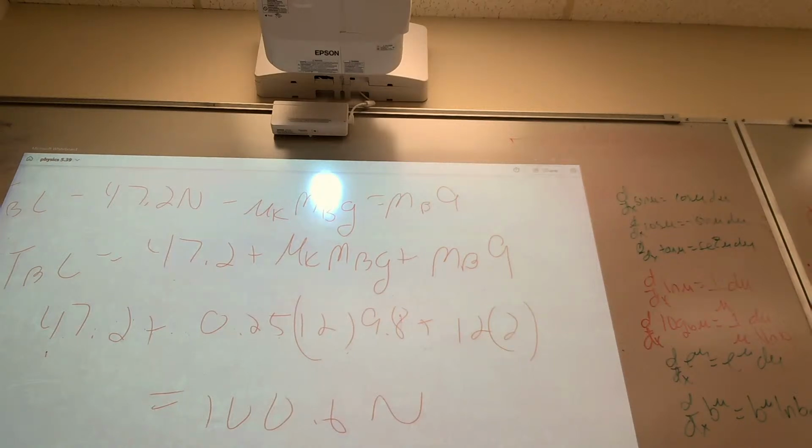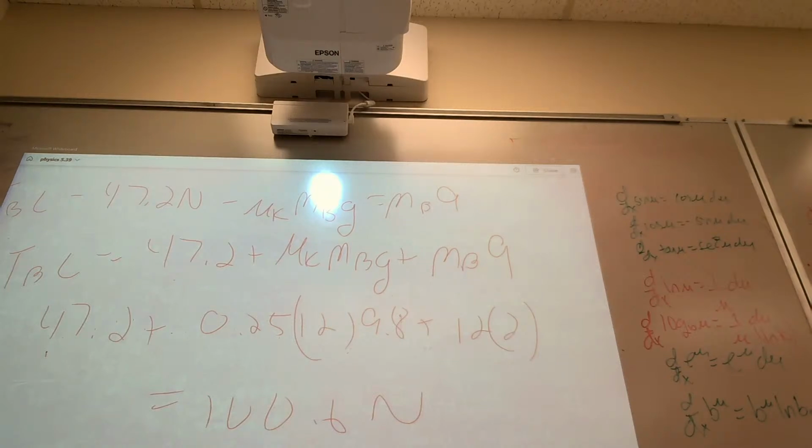So we solve for this, right? We got that initially. Now we move on to the sigma Fx equation, where you have T minus TA minus friction. This one is T, this is TA.